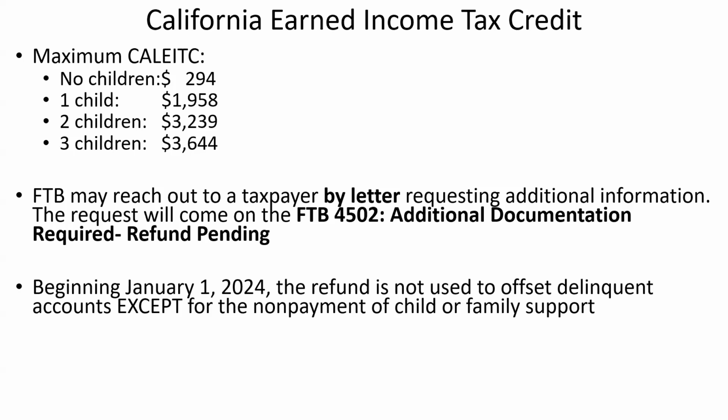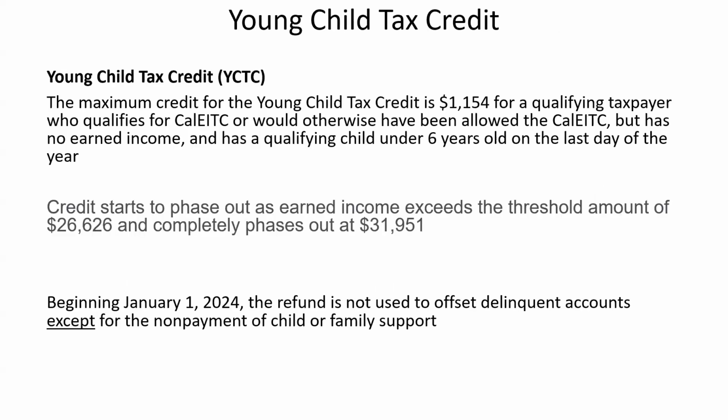Yeah, thank you. Okay, all right, so that's California EITC, which is a good thing for the VITA client. Now, the young child tax credit, you're going to see a lot of this, because obviously a lot of our VITA clients are typically younger adults, and a lot of them have kids.